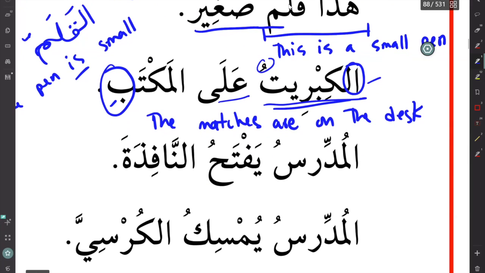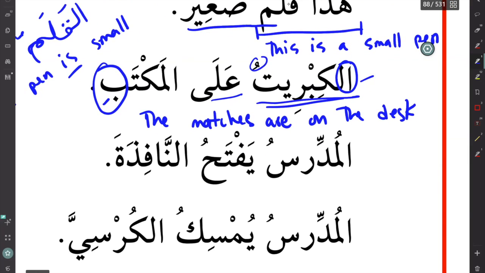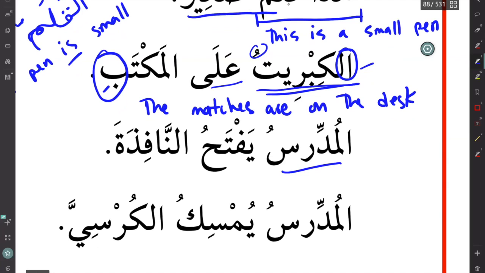So that's good. The next one is al-mudarrisu. Al-mudarrisu is the teacher, right? Al-mudarrisu yaftahu. Yaftahu is to open, so he opens. Remember, ya is for present tense and is also for he. We talked about it. He opens. Who is that he? He is the mudarris, and this is your subject because we have a dhamma.